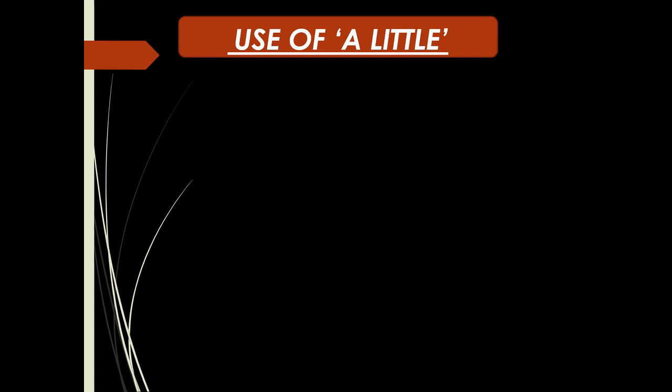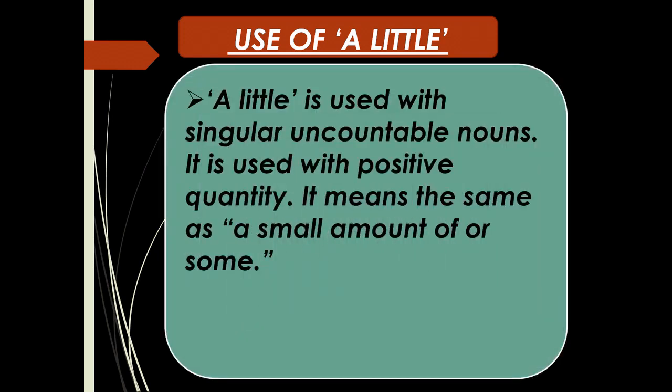Use of a little. A little is used with singular uncountable nouns. I'm repeating it again. A little is used with singular uncountable nouns. It is used with positive quantity. It means the same as a small amount of or some.